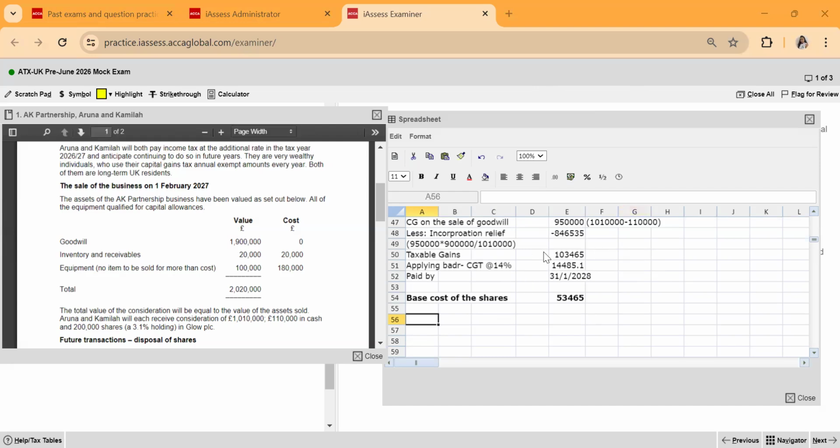Because we have claimed a relief. Relief means it's a deferment. Deferment means you're not paying taxes now, you will pay tax later by way of reduced cost. So instead of taking 900,000, I will just take a cost of 53,000 when I sell off those shares. Correct? So the gain that was arising now will arise at that time because we have reduced the cost for future sale purposes. Am I clear now or not?